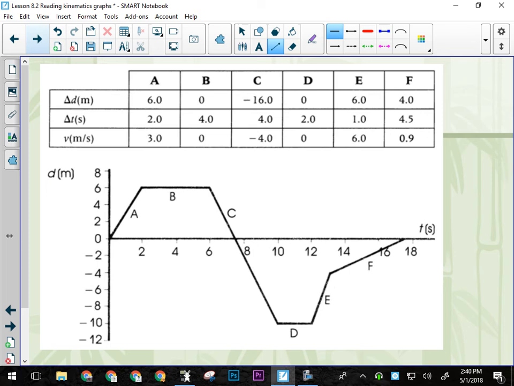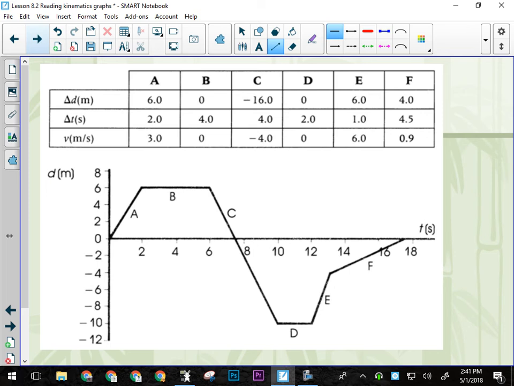Its position isn't changing. What's going on in part C? Well, it's not decreasing its velocity. It's changing its position in a negative direction. It's actually traveling at a constant velocity backwards in that part. Okay, what's going on in part D?